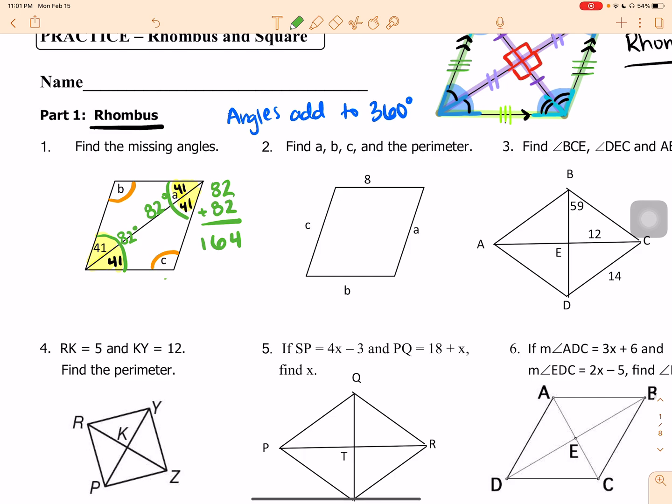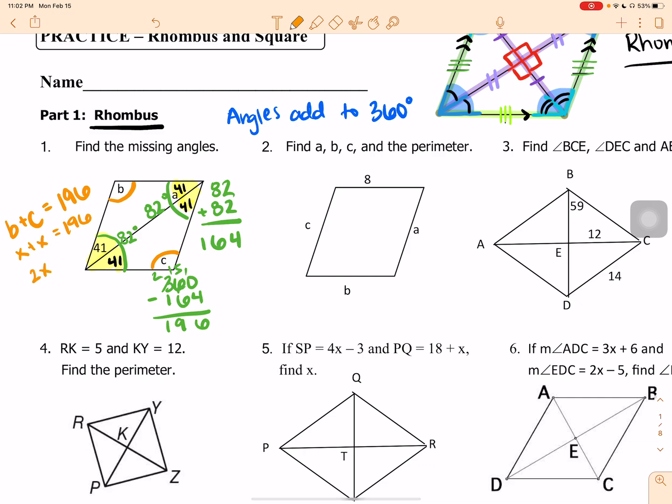Now if we take that away, 360 minus 164, we're left with 196, okay? So now we know that B and C add up to equal 196. Since these two are equal, let's just replace them with x.